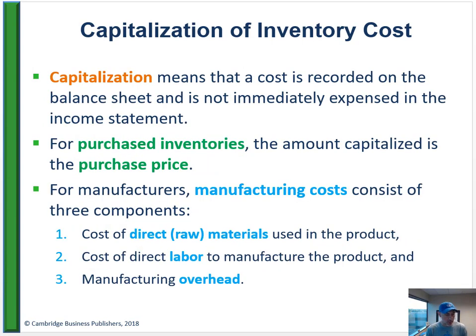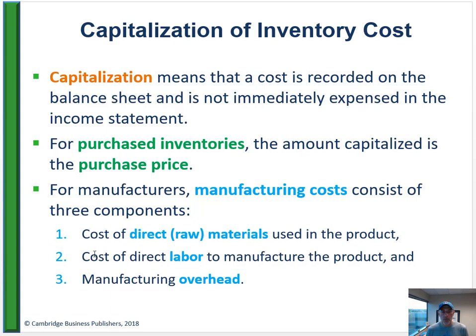So let's move on here to the capitalization of inventory. If you focus down here at the bottom of the slide, you'll see here for manufacturers, like I mentioned, I had drawn the distinction between manufacturers and maybe miners or agricultural commodities. But for your typical manufacturing business, you have those direct raw materials which are typically purchased.